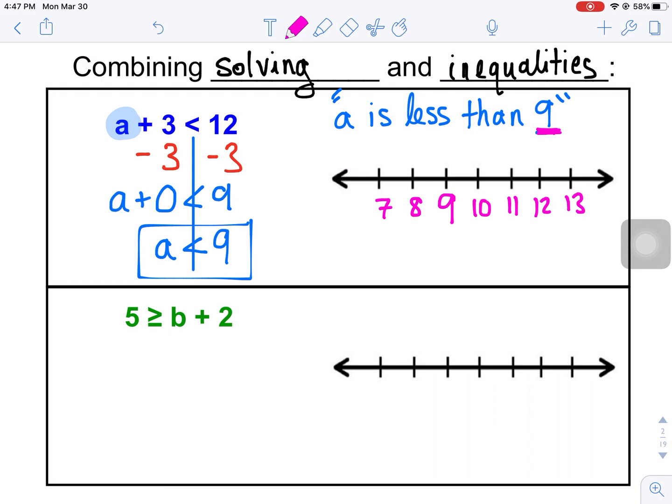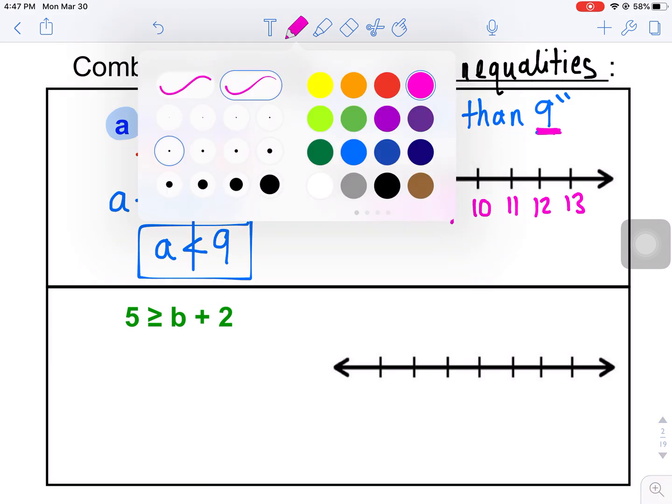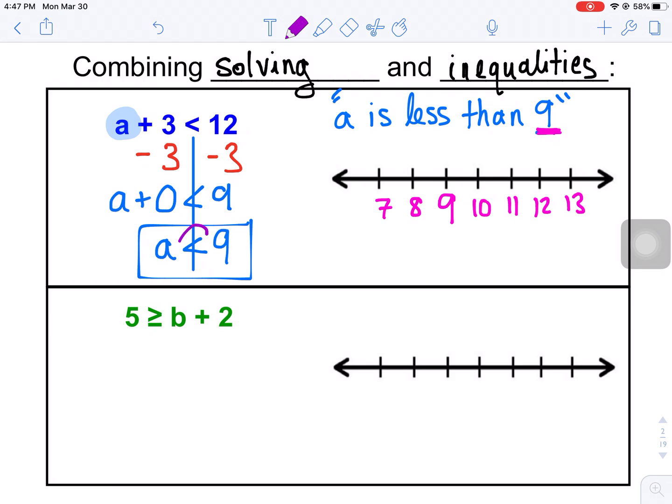Next, we need to think about what we learned from Miss Maloney's lesson last week. When we have the symbol less than, or the words less than, that tells us that we're going to have an open circle at 9, because we don't have the word equal.